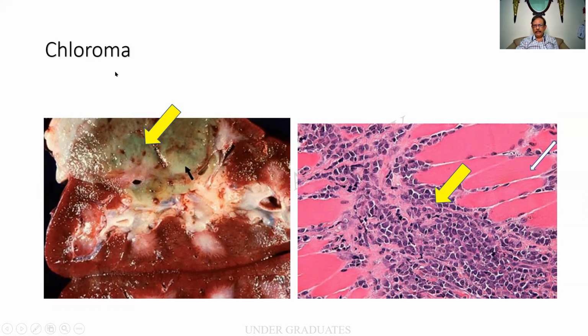It is called chloroma. It's a solid counterpart of a leukemia. And when we see the tissue as such, we'll be seeing immature cells that are infiltrating it. This is probably some muscle bundles over here in which I'm finding it. So it is a chloroma. You can mention it. Some books call it as myeloid sarcoma.